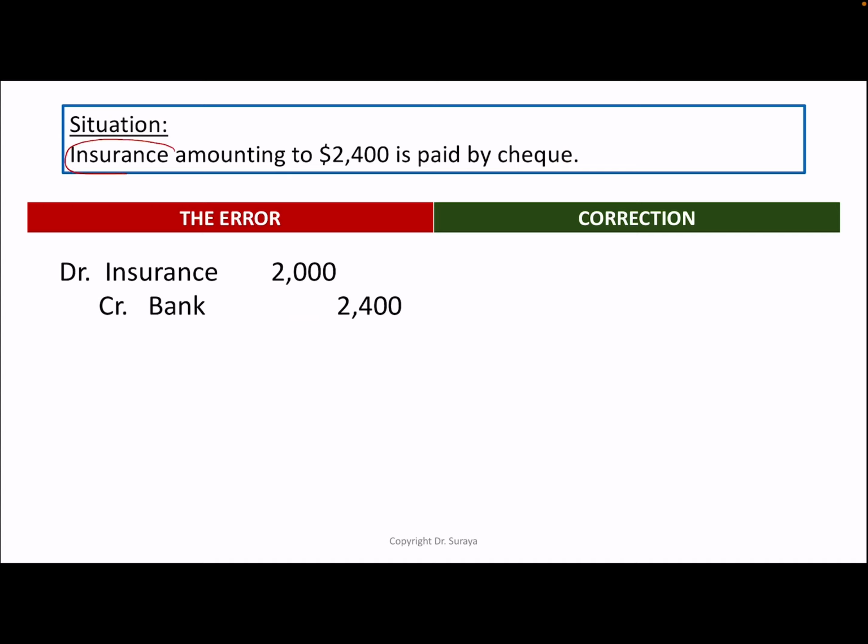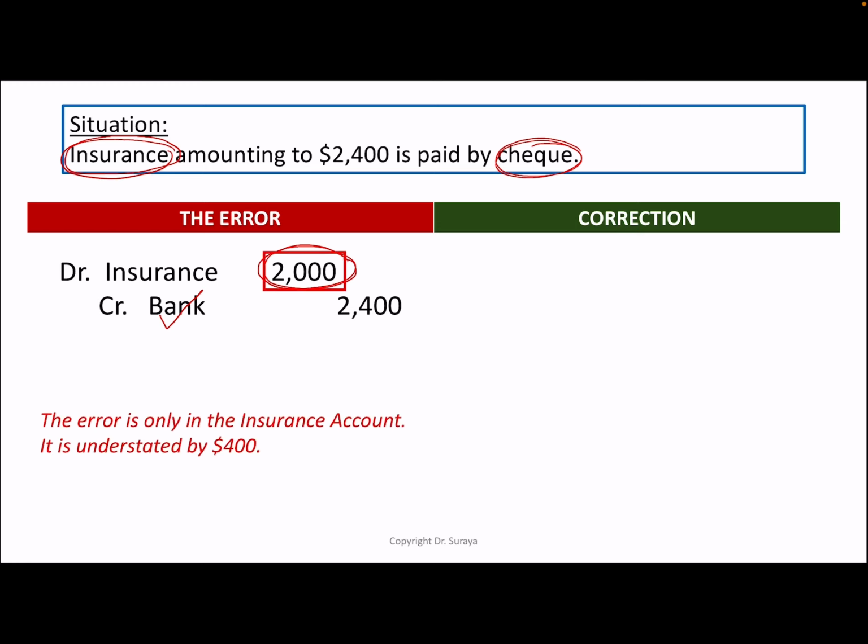Insurance, original price 2,400, paid by check. Your bank here is correct because it's 2,400, but your insurance is wrong. So this is again understated insurance, and you need to add another 400 to it. Same rule applies: if you need to add, the debit goes to debit.